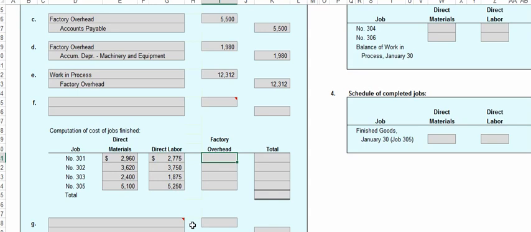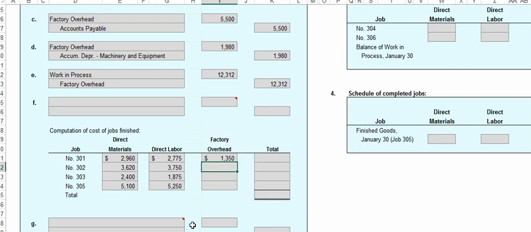Now, to determine overhead on each of the jobs, we're going to use our rate from E. So let's look at the information given to us on E. On job 301, we used 25 machine hours. So that's 25 hours times our $54 per hour rate.